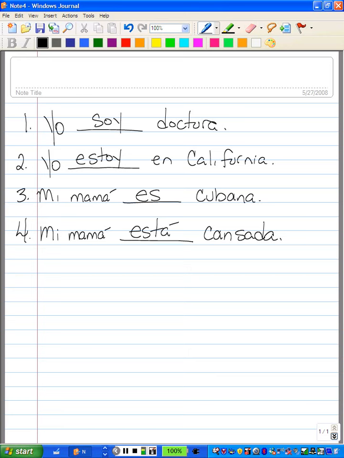Cansada can be considered a changing condition. Alright, my mom is tired, so maybe she gets some rest so she's not tired anymore. But this is a changing condition, so you would use the ella form of the verb estar. Alright, this concludes the ser and estar lesson 2.